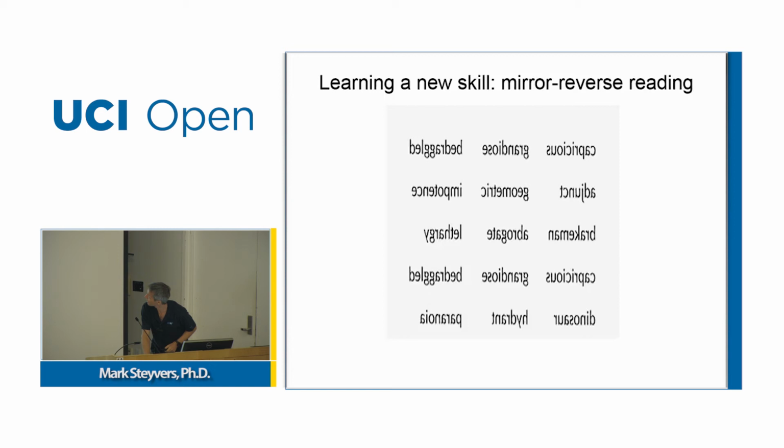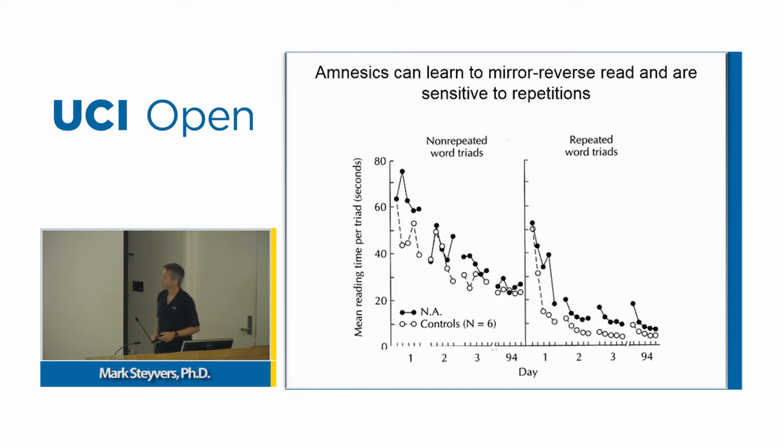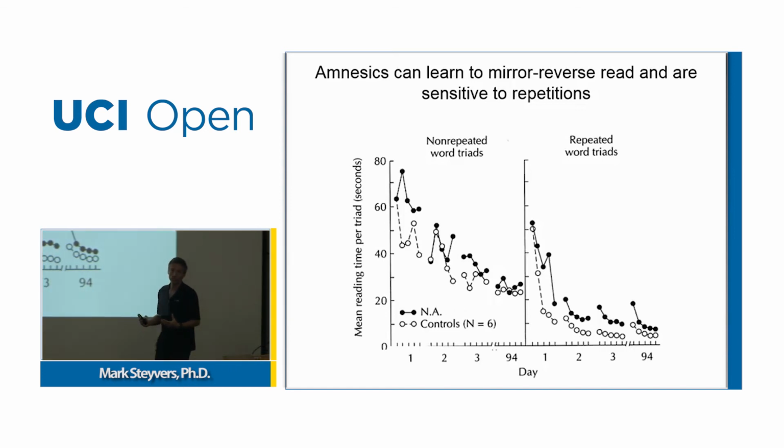Okay, how about this one? The third one. Capricious. Okay, now let's go over here. What's written here? It's bedraggled again, right? Was that easier the second time you did it? Maybe. How about this one? Grandiose.